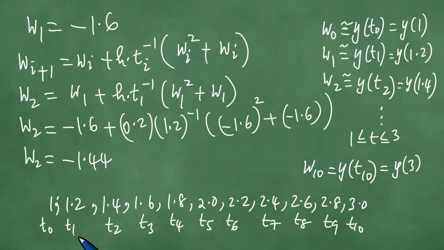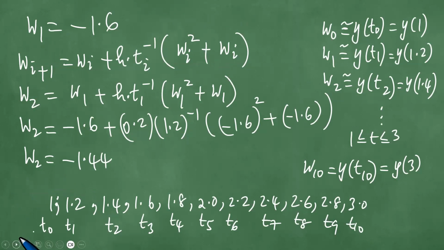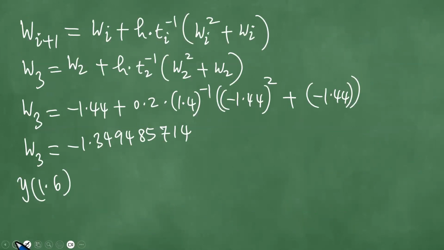For example, Y at 1.6, because we said that 1.6 corresponds to T3, approximates W at T3, which is the same as W3.